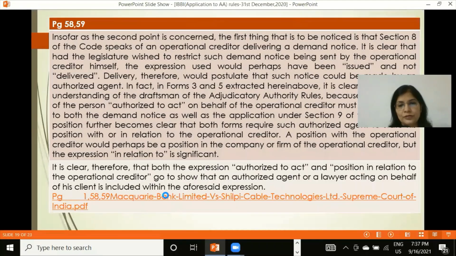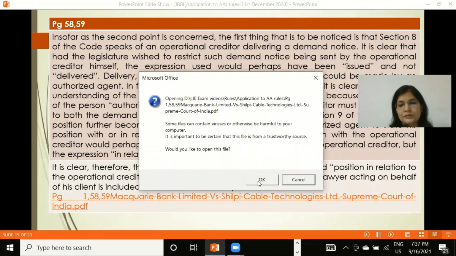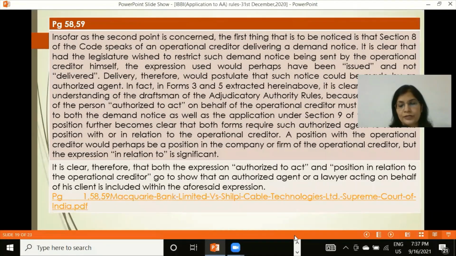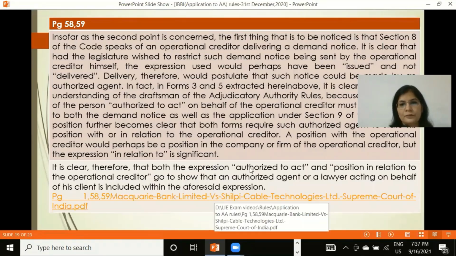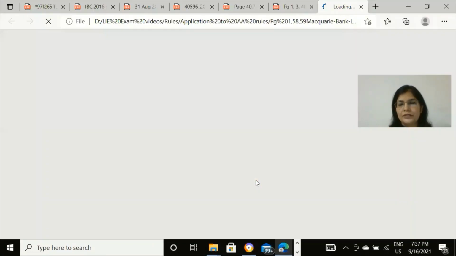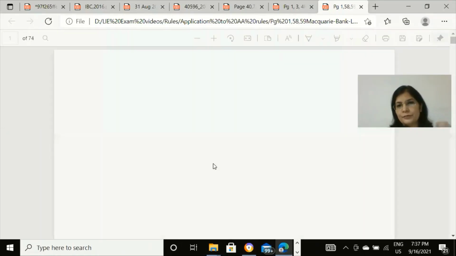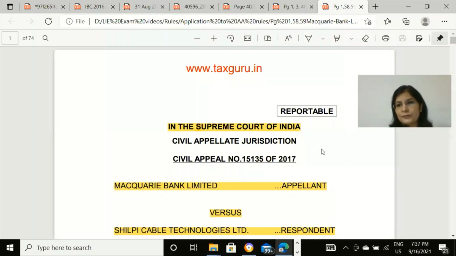And if you go through the case laws, there is one more thing I would like to say about Macquarie Bank. At pages 58 and 59, I have drafted the conclusion here. This is why I am showing you, because I want to tell you how to grasp the provisions in the case laws for the purpose of the exam.